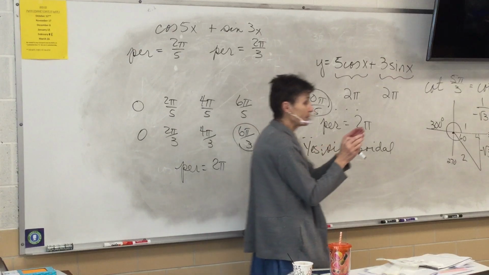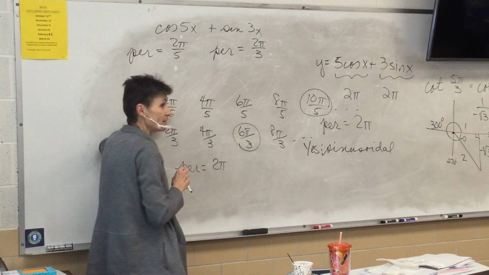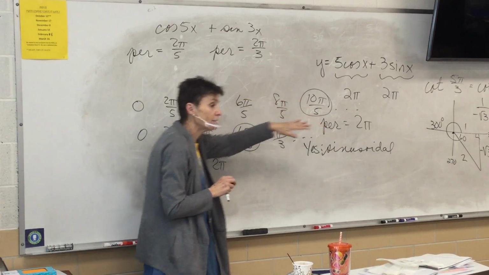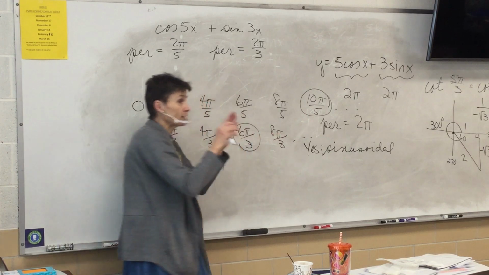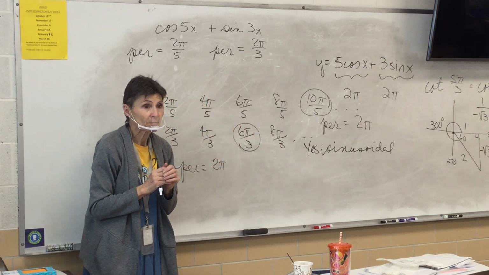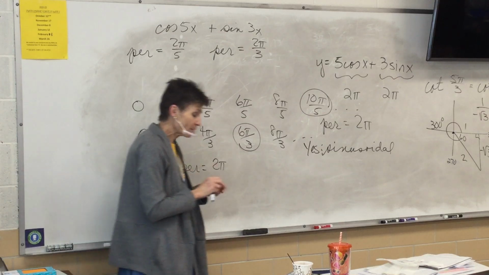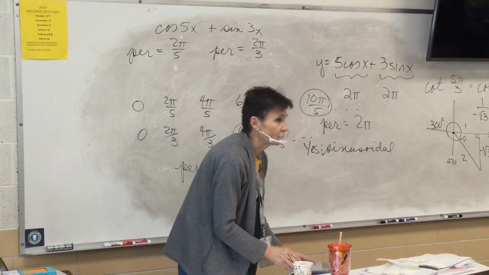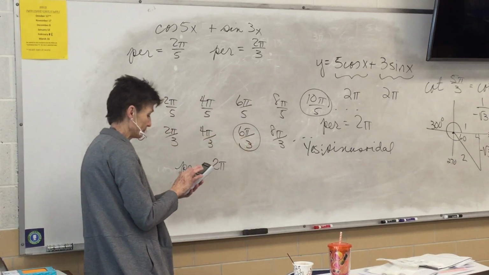Think about it for a second. You're adding these two things together. And this one repeats here, here, here, here, and here. This one here, here, here, and here. At this point right here, aren't they both starting over again? So that's creating the next section. All right, let's graph this one and see if what we thought happened does indeed happen.